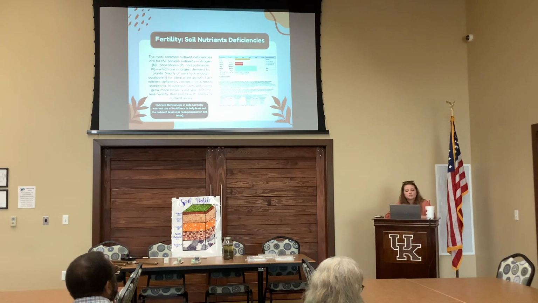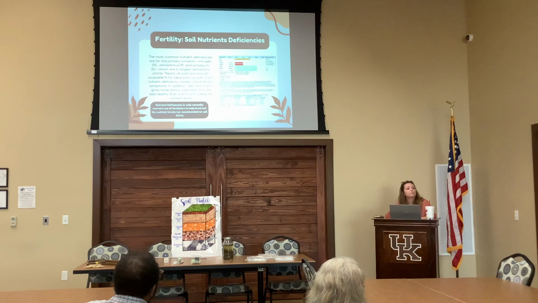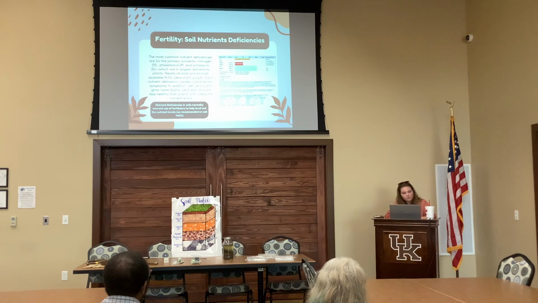But that's essentially telling you that you have a lot of positively charged nutrients and minerals in your soil. So there's nothing wrong with that. That's good. That just means you have really good soil. My other plants don't like it.